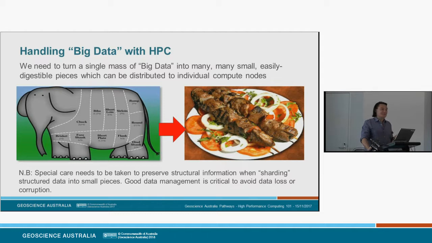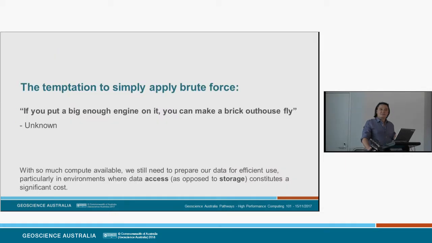So we need to turn a single mass into many small, easily digestible pieces. And as I've mentioned, we need to maintain the structural information as well. So one temptation is to just apply brute force, to use a relatively inefficient format like a text-based format or something like that and just throw the compute at it.